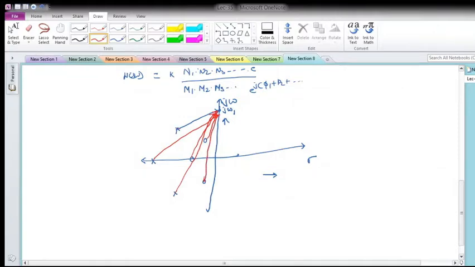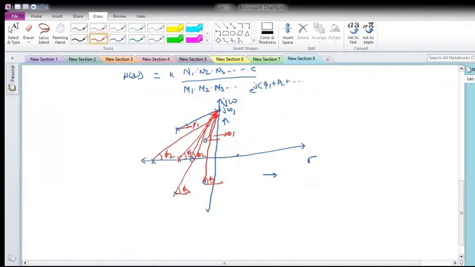Okay, so these are the angles made by the poles, say phi 1, phi 2, phi 3. Similarly the angles made by the zeros are, say, theta 1, theta 2, theta 3 like this. Suppose one more pole is there, then again you can do it that way, phi 3, etc.